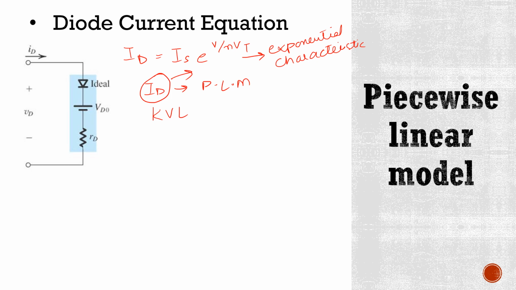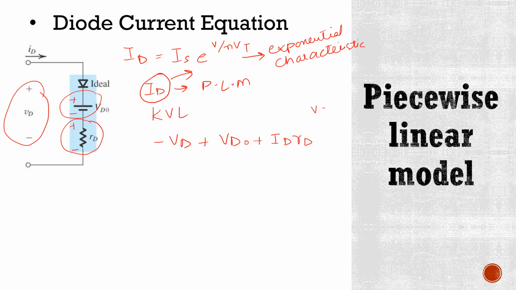So how are you going to apply KVL? First we'll put positive and negative signs on this voltage source and resistor. Now we will write our KVL equation. We'll start from here. So it will be something like minus VD plus VD naught plus ID RD. We know that V is equal to IR.